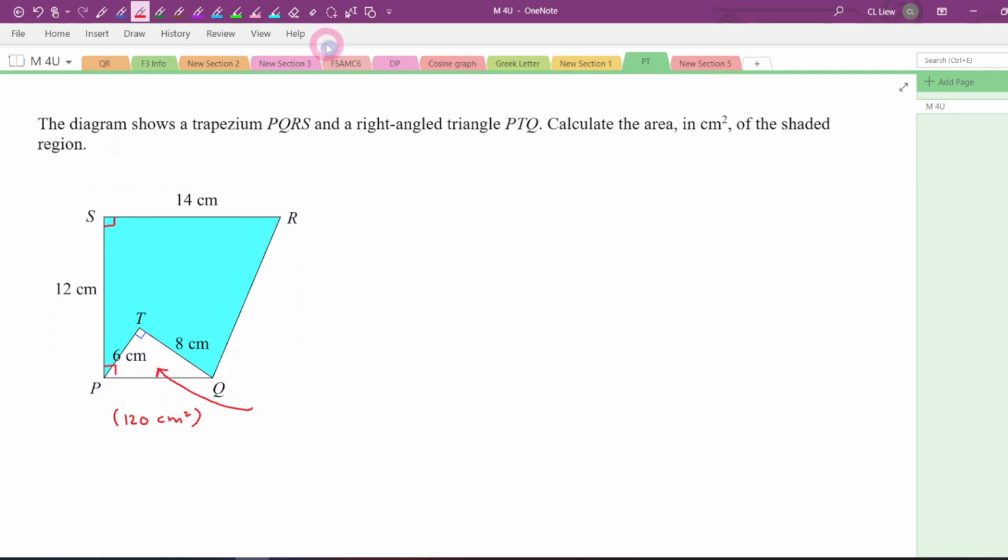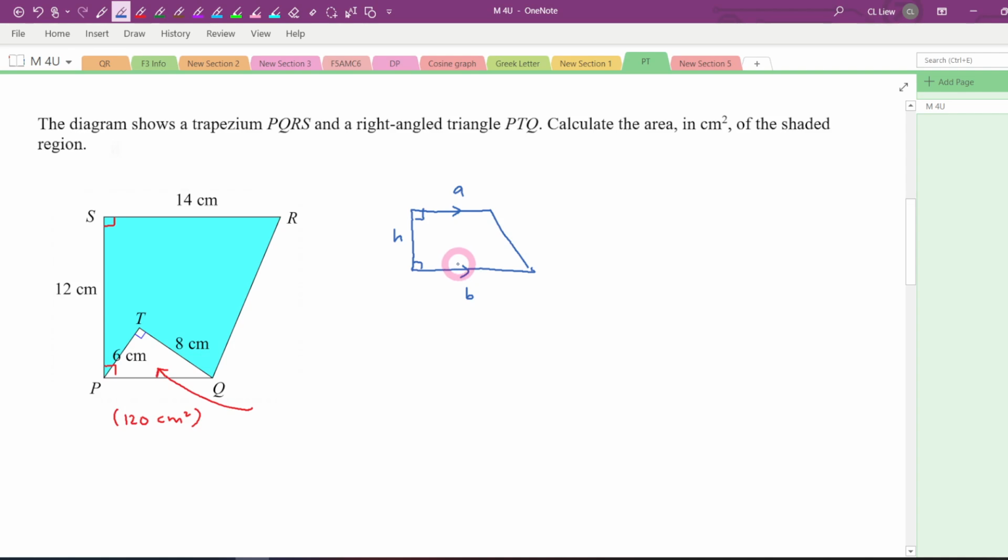So first you need to remember the formula for the area of a trapezium. Let's say I have a trapezium over here and these two sides are parallel to each other. Let's say this is H, this is A, this is B. How do we find the area of a trapezium?